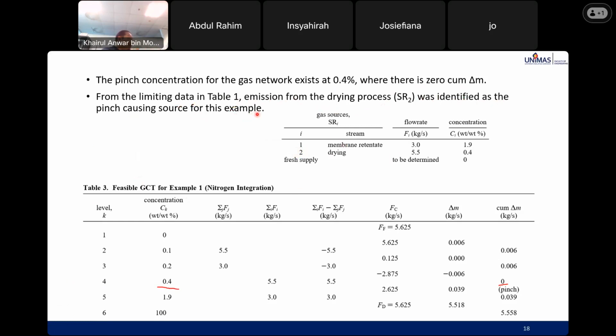SR2, the source stream 2, is actually coming from drying, with flow rate F2 and C2. How do you know? Because it falls under 0.4%.